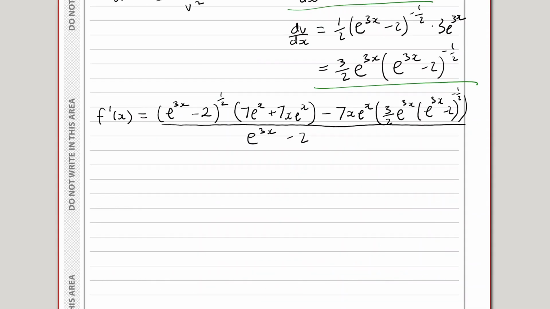So if we times, let's do the (e^(3x) minus 2) to the power of a half first. So we're timesing both the terms on the top and the denominator.